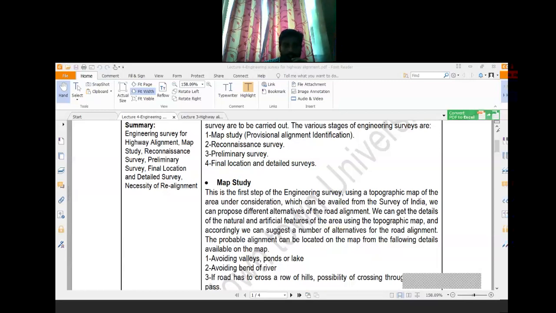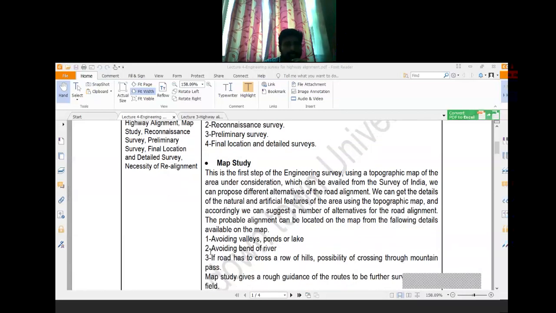These points are: first, avoiding valleys, ponds, or lakes. Your alignment should not pass through any valleys, ponds, or lakes, because in that case your construction cost would be more.